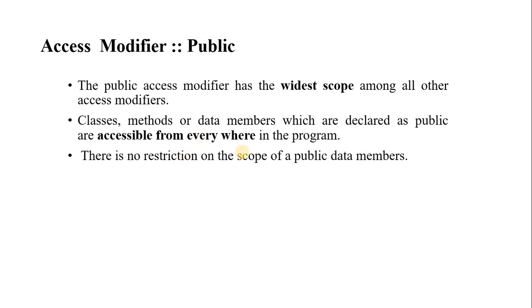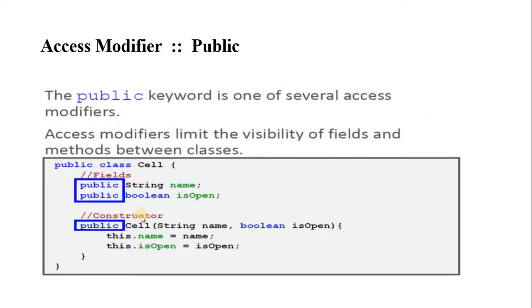There is no restriction for a public data member, the public member variable. When you declare a variable, we can use public, or public class, public variable, public methods. In all these cases we can use the public modifier, meaning it can be accessed in any other programs or any other classes.